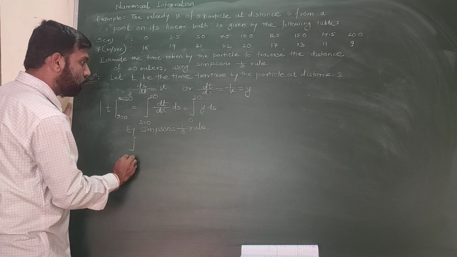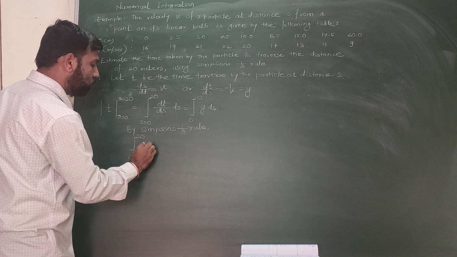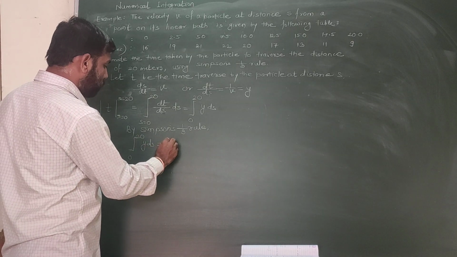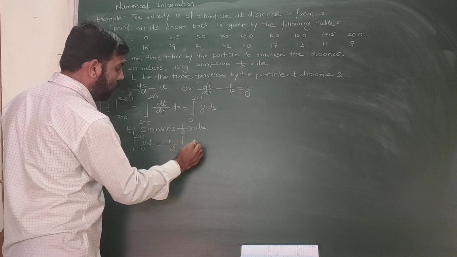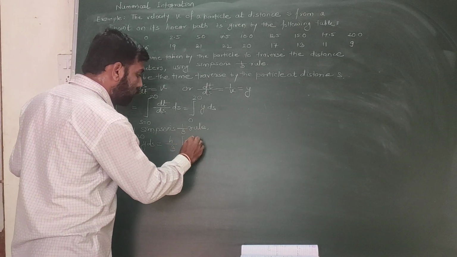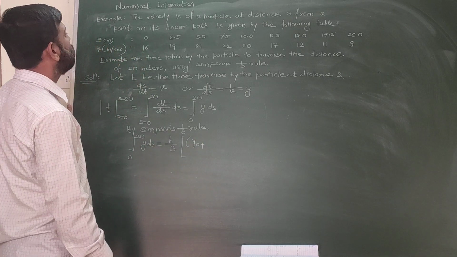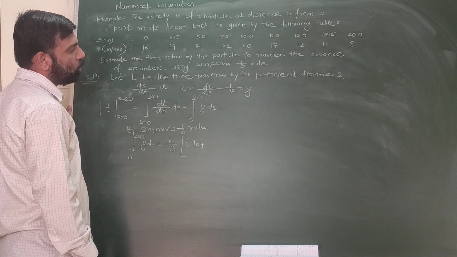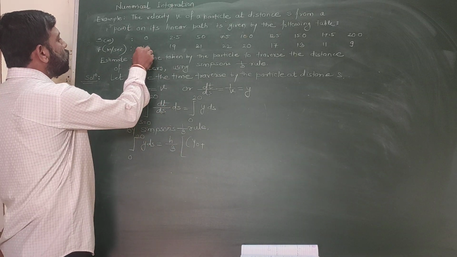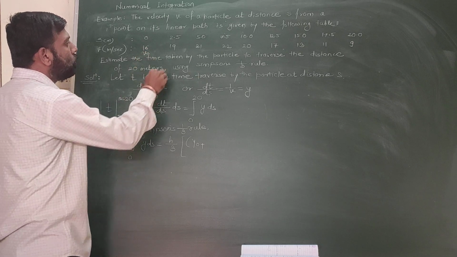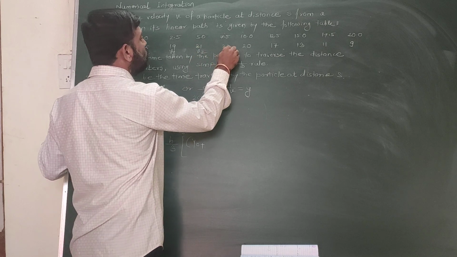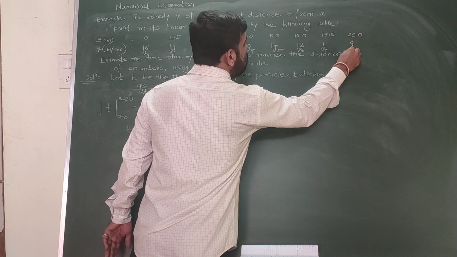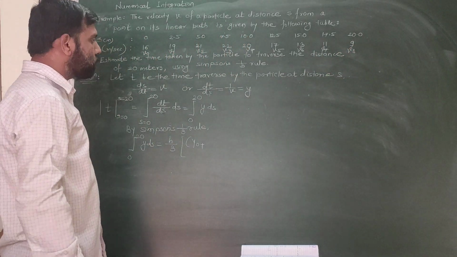It becomes the integral from 0 to 20 of y ds equals h divided by 3. Now the formula is y0 plus, how many entries do we have? Now here we have to put up the notations. This is first, v0, 1, 2, 3, so there are 8 entries.